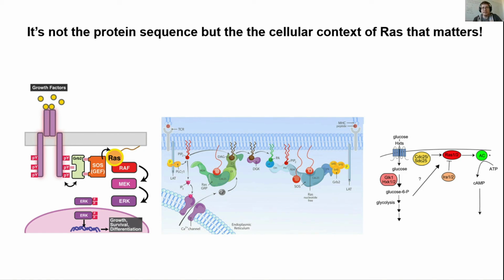it's not the protein sequence of RAS, but rather the cellular context of RAS that's really important for controlling how it signals. So this exact same GTPase can be placed in this signaling pathway for growth factor signaling to connect growth factors to proliferation signals.